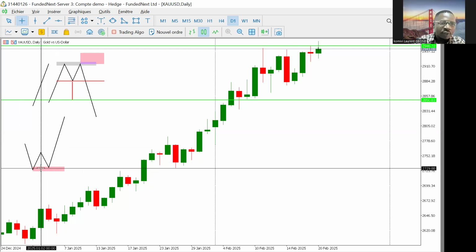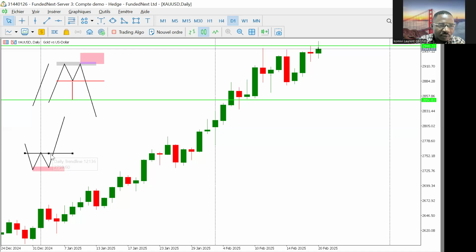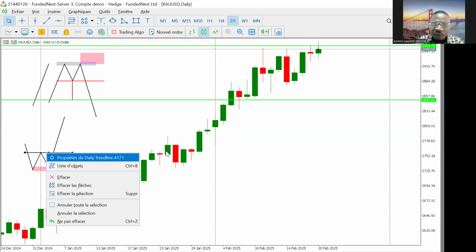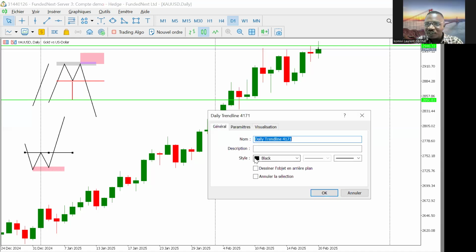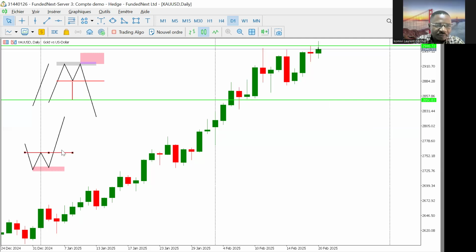Okay, so this is the neckline. Let me draw the neckline. Good. I must change the color of this neckline. Very important. Red, yeah, no problem. So the neckline is at a resistance level.